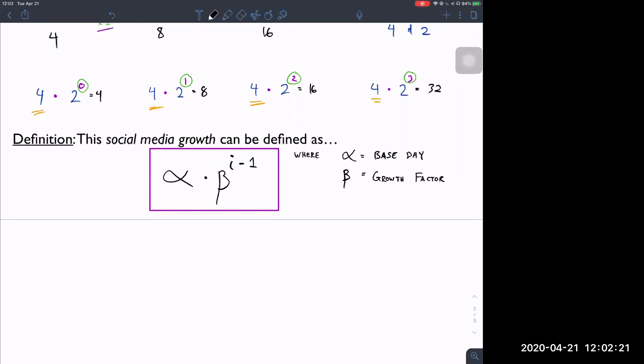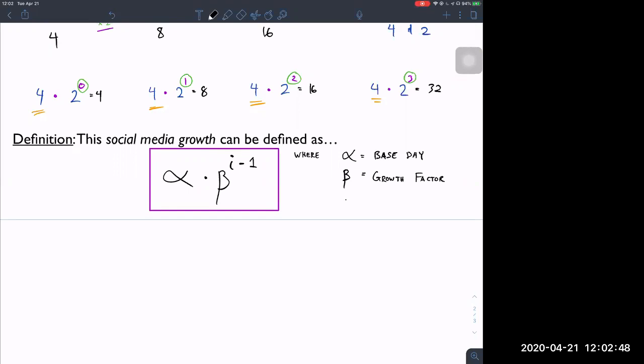Because it says that research suggests, that's your hint right there, by the way. If you ever see the words research suggests, you know you're doing this kind of problem. For my class at least, for each social media post published, it will reach 2 new people the next day and thereafter. So that means it will reach 2 new people each time, and it will continue that pattern moving forward.